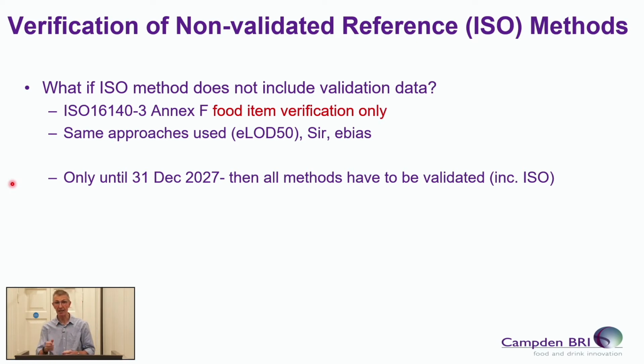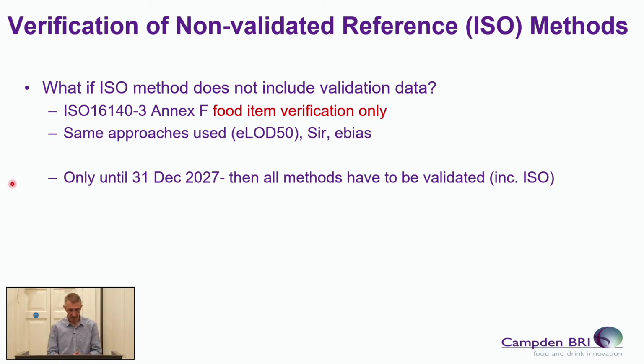And as I said beforehand, the standards are gradually being republished with this data in the back. There's an awful lot of them that don't have that validation data in the back of the ISO standards. So what happens if I'm trying to validate a method to use in my laboratory if it's not been validated and the data doesn't appear in the ISO standard?